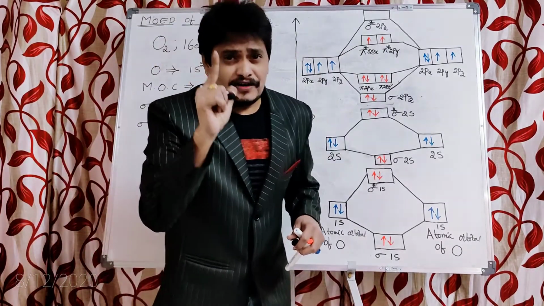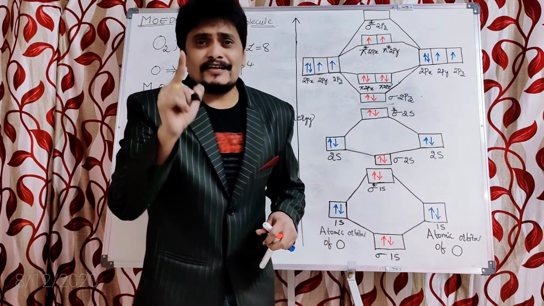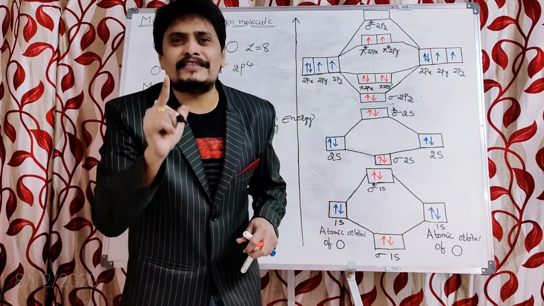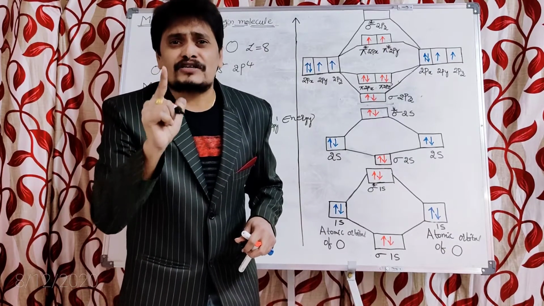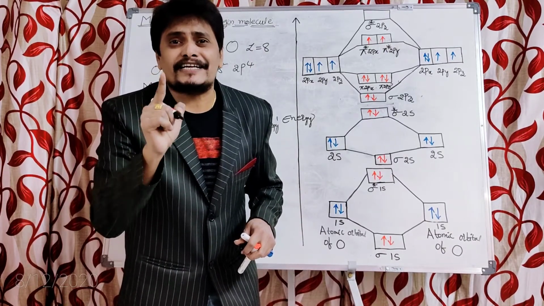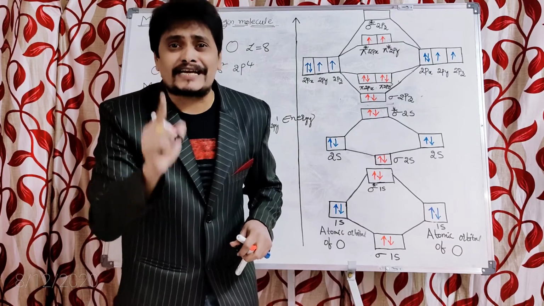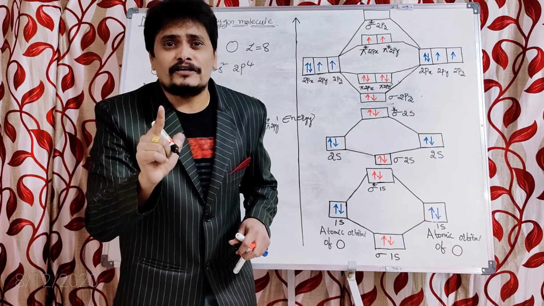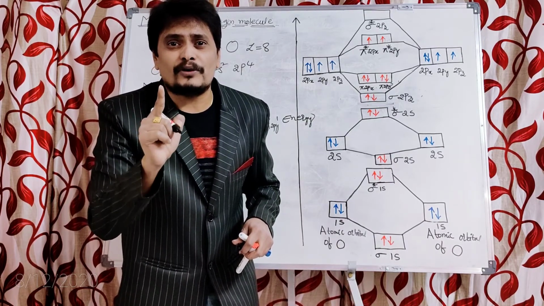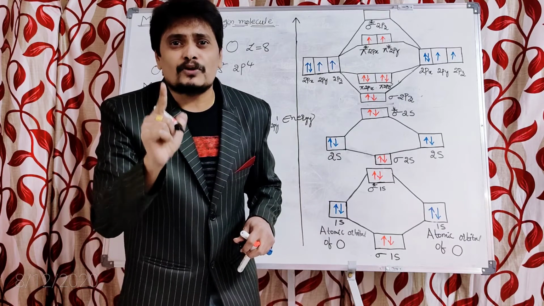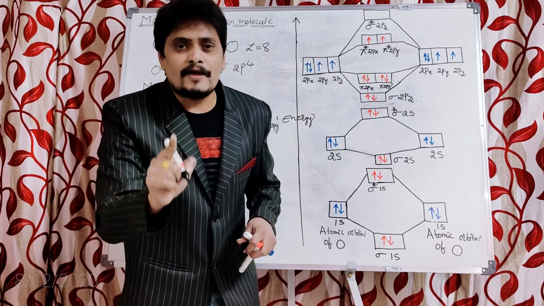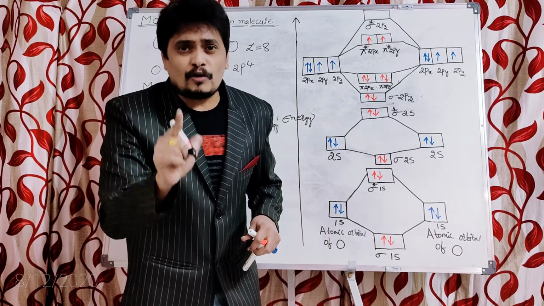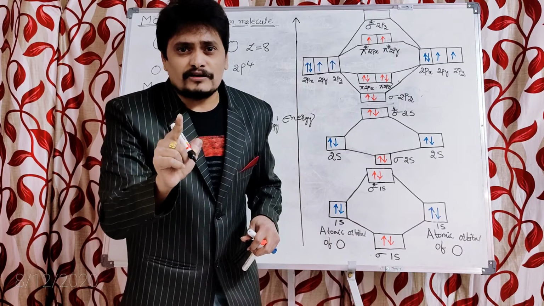But in the first class, where I explained molecular orbital theory, I clearly explained that based upon the structure of the oxygen molecule, it is diamagnetic in nature, but practically it is paramagnetic. The paramagnetic nature of the oxygen molecule can be predicted by molecular orbital theory by drawing the molecular orbital energy diagram of the oxygen molecule.